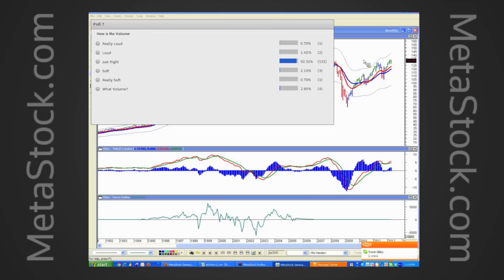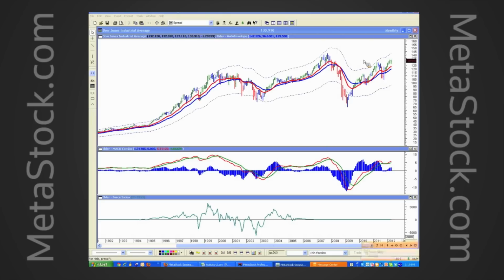I want us to begin by looking first at the monthly charts. Let's take a look at the monthly chart of the Dow. We can just take a weekly and compress it to the monthly. Then the monthly of S&P, Nasdaq, and we'll do the same sequence for the weekly and daily charts.